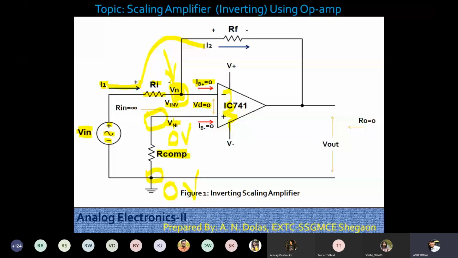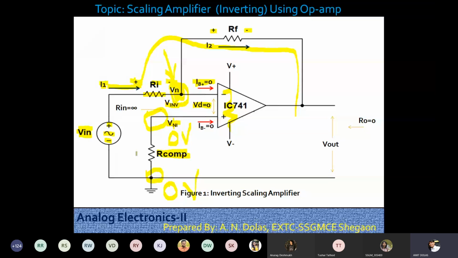So I2, which will of course be equal to I1, passes through Rf due to the current passing into the input resistance Ri or R1. I have mentioned the polarity plus on the left side, minus on the right side. Similarly, as the current passes into the resistance Rf, entering at the positive terminal and leaving at the negative terminal, such kind of voltages are developed across resistance Rf.